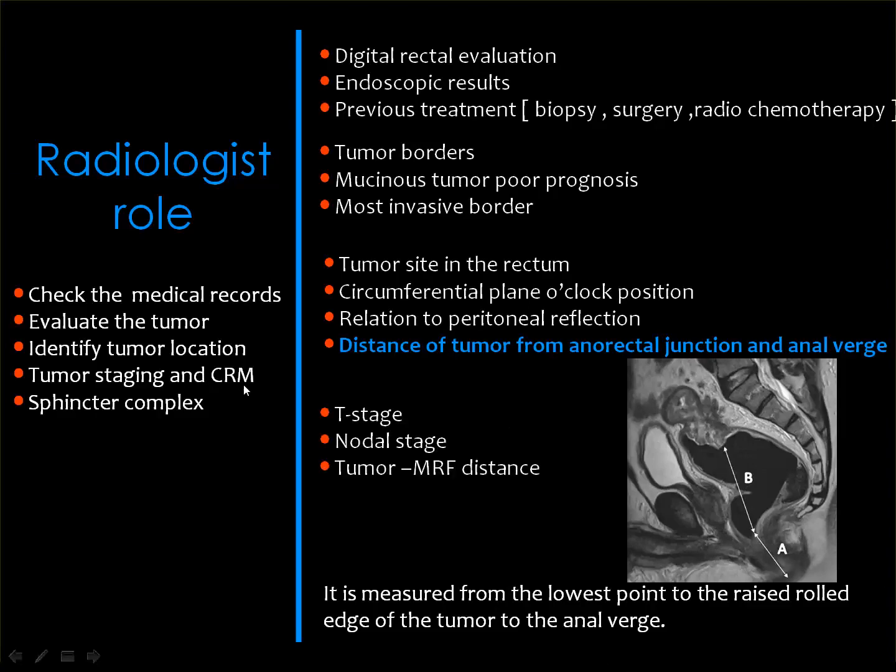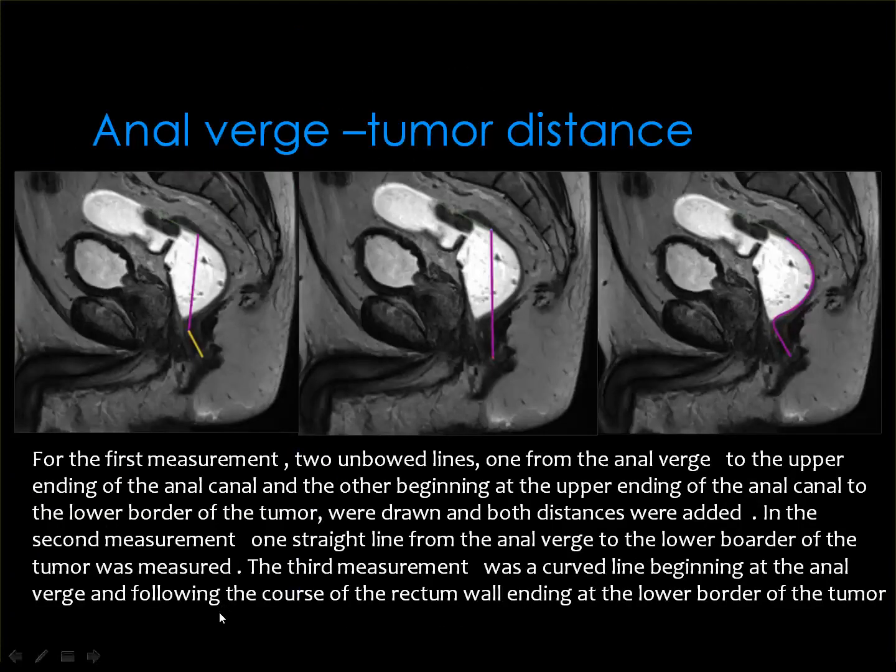Then you stage the tumor by T, N, and M stage, and you especially emphasize the tumor to mesorectal fascia distance. Then, for the sphincteric complex, you assess the internal sphincter, the external sphincter, and the levator ani.